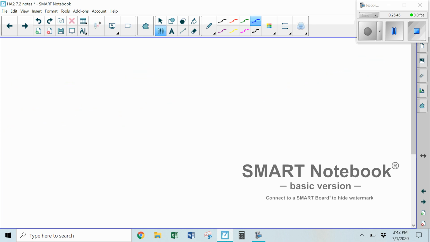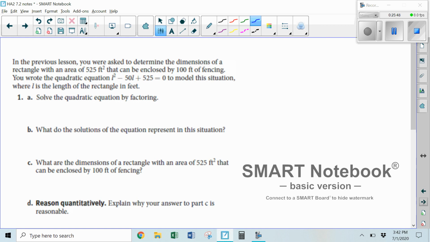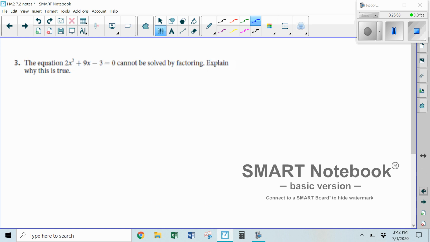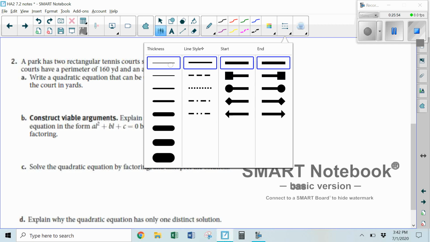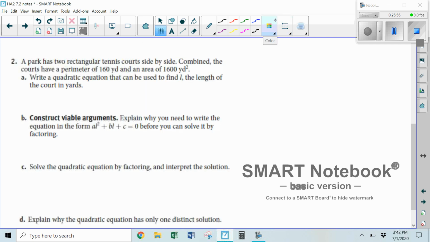If we look at number 2 on the next page, it says a park has 2 rectangular tennis courts side by side. Combined, the courts have a perimeter of 160 and an area of 1600. Write a quadratic equation that can be used to find L, the length of the court, in yards.